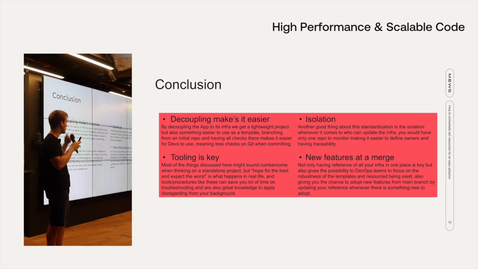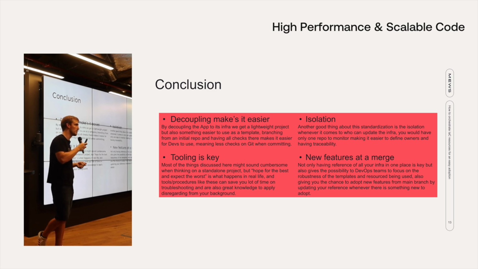Then, as we were saying before, new features are a merge away, because by merging new features that a particular tooling team might be adding to that repository, you can pull in some new features that they might be trying out, and have that as a default on your resources that you can implement.